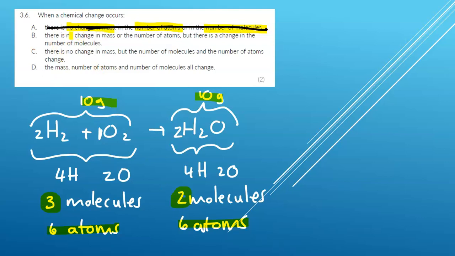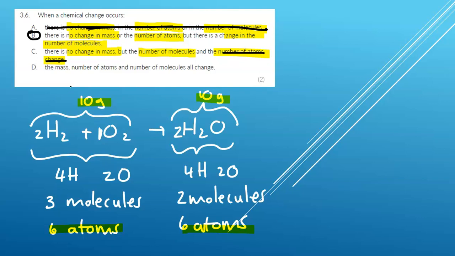Number B says there is no change in mass. That is true. It's the law of conservation of mass. Or the number of atoms. That is also true. But there is a change in the number of molecules. Okay, so number B can actually work. Let's just look at the rest. There is no change in mass. That is true. But the number of molecules and the number of atoms change. Okay, so C is also not working because the number of atoms cannot change.